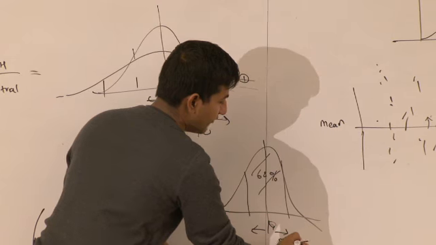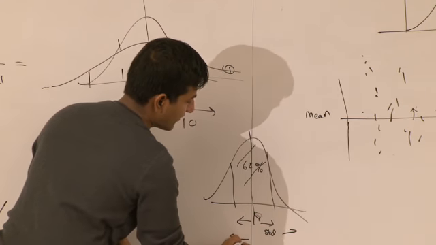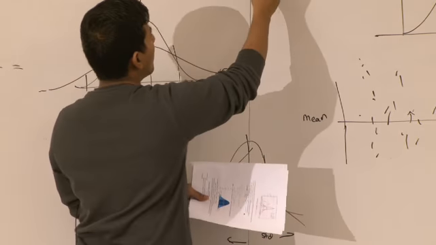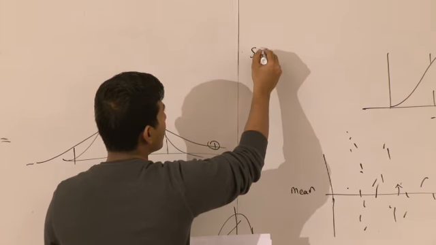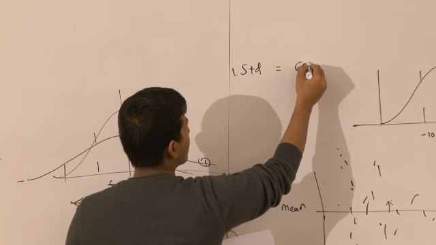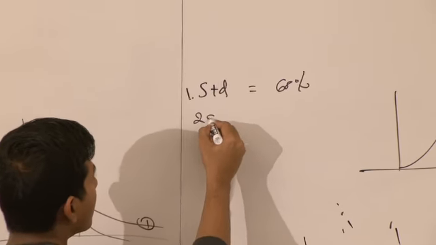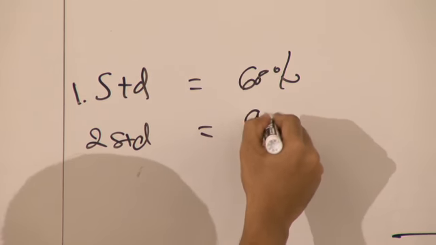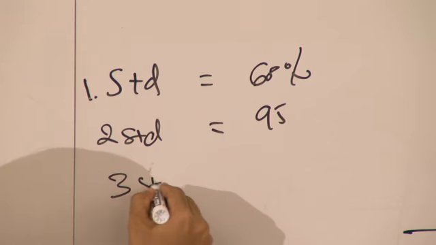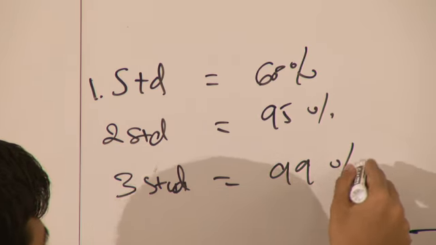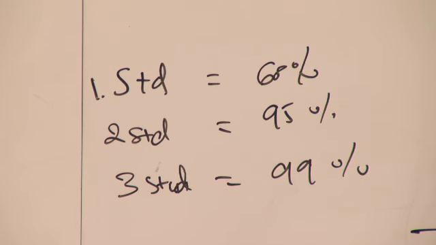Within 2 standard deviations, okay, 1 standard deviation, 68%. 2 standard deviations on either side, it's going to be 95. 3 standard deviations, it's going to be 99%.